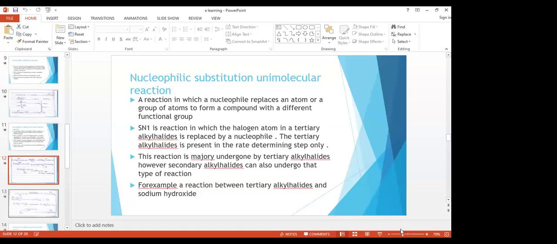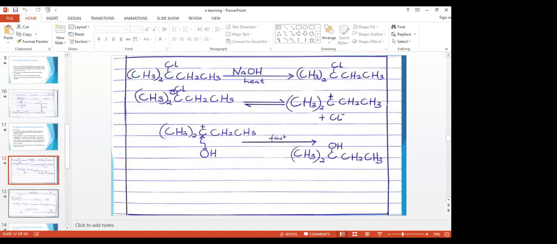As I told you, that is a reaction in which the hydrogen atom in a tertiary alkyl halide is replaced by a nucleophile. And I said it is majorly the tertiary alkyl halides which can easily break.